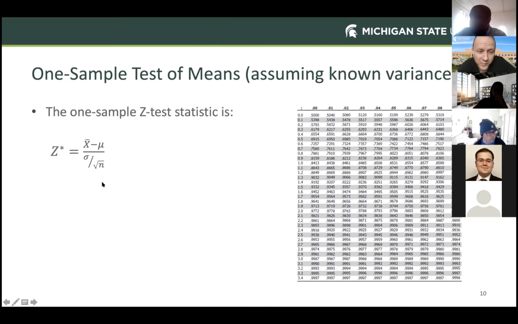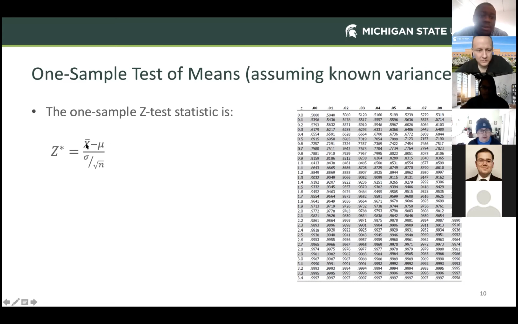Can somebody remind me what the symbols stand for in this equation? So the z-test statistic is equal to x bar minus mu over sigma divided by the square root of n. What are those respective quantities, Folarin? So what's x bar in this case, Folarin? Oh, sorry, you're muted. Oh, there we go.